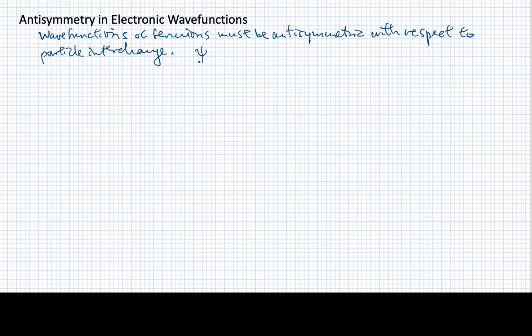If I have some wave function, and I'm going to indicate, for example, there's 2 of these electrons in it, so they're represented by these coordinates, and if I were to now switch the positions of these in the function, so now I've got R2 and R1, that antisymmetry means that this is going to be equal to negative. So in other words, when I change these 2 around, I have to put a minus sign in front of the wave function.